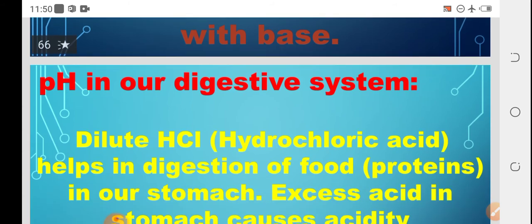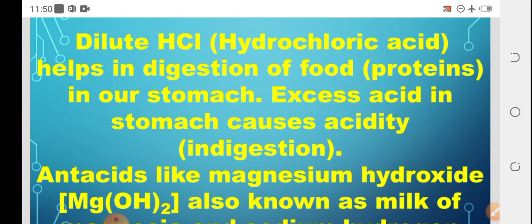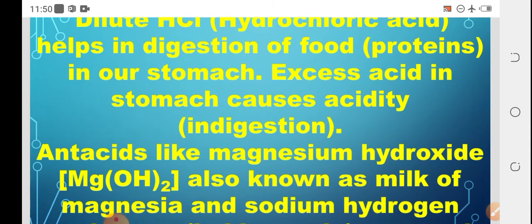Then, pH in our next one: pH in our digestive system. Dilute HCl, that means hydrochloric acid, helps in digestion of proteins. Food proteins means whatever things we are eating, all of that will be considered proteins in our body.